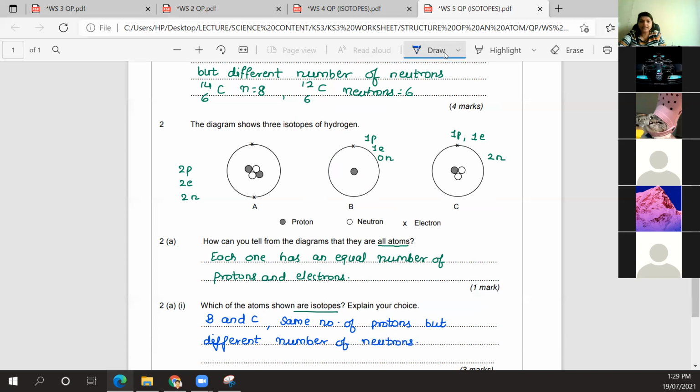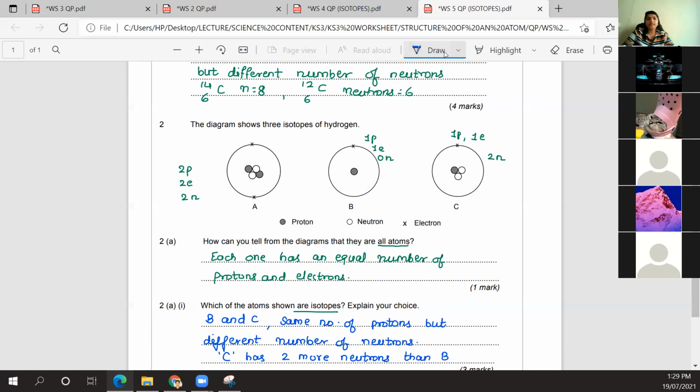Okay, so we can say that C has 2 more neutrons, because over here in B there are 0 neutrons. So C has 2 more neutrons than B. This gives you 3 marks. Is this very, very clear?